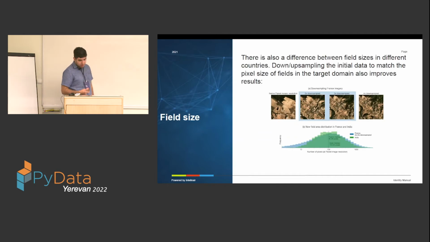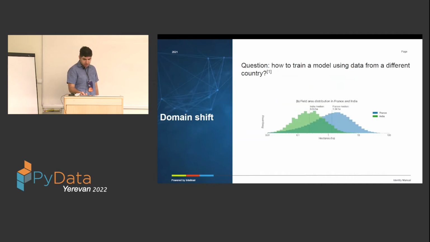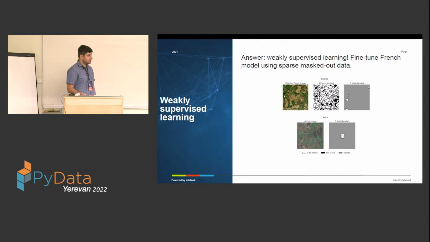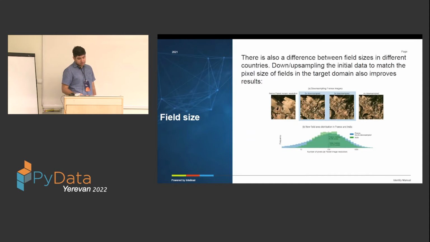A different problem that I mentioned and that they've tackled is the difference between field sizes. As I mentioned, you can see here French fields are about 6 times larger than Indian fields. And so that's going to give a difference on your imageries. What they do is they downsample French imagery, so the average pixel sizes of the fields are the same for Indian and French data.